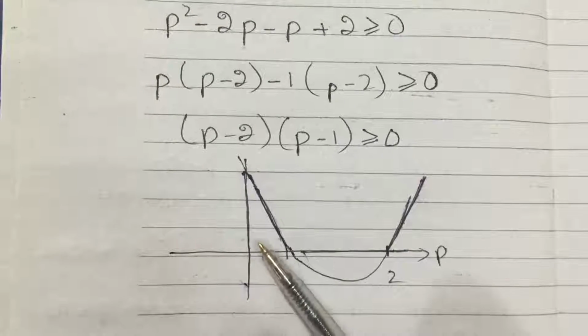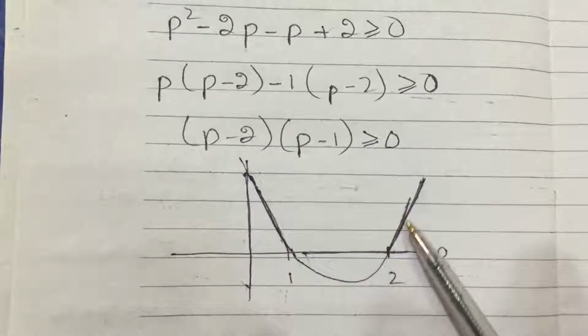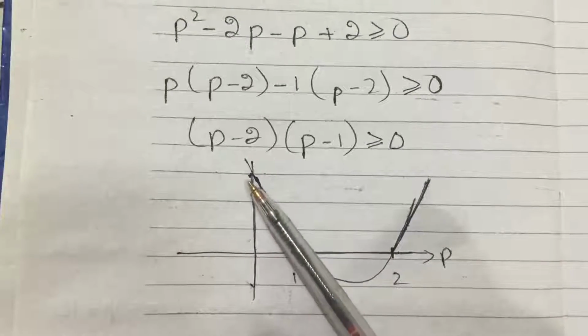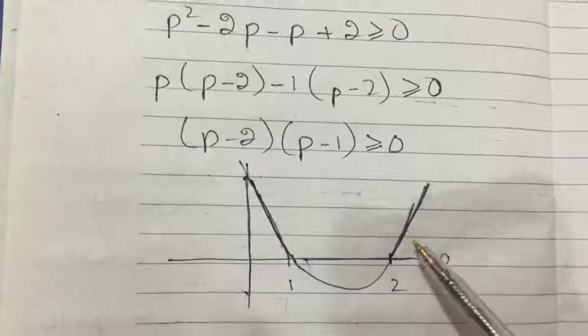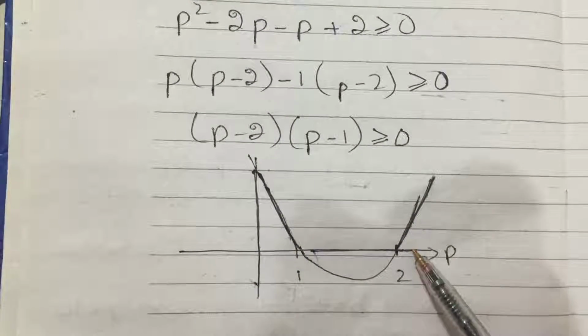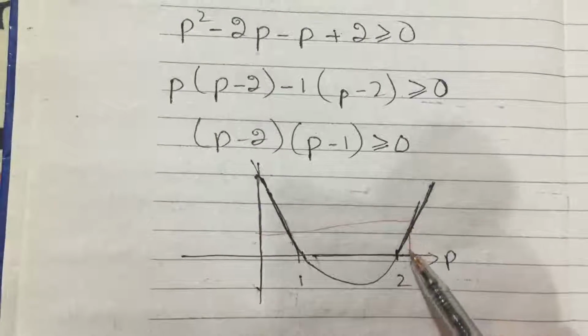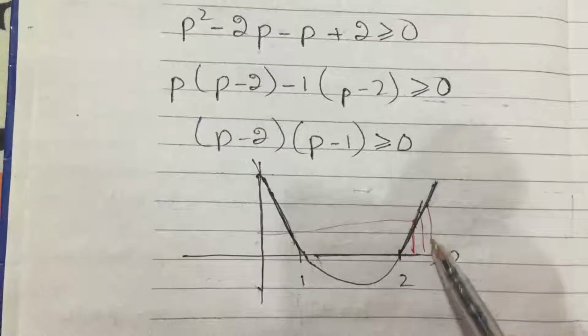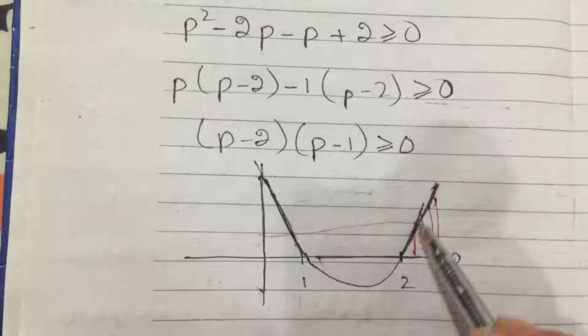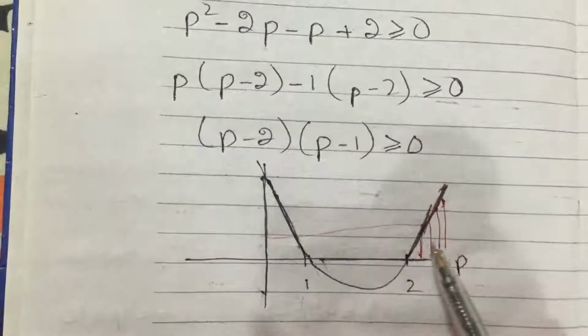This is your origin, so all these answers are positive. So these are the parts of the curve, this one and this one, which have positive values of y. So these are the values of p on this part of the curve, which will always give you a positive value.